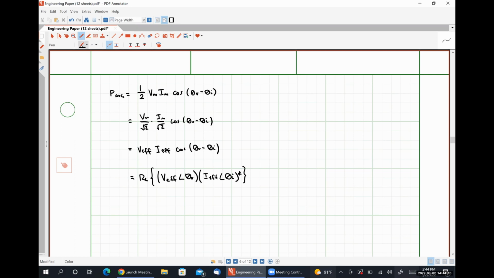This quantity here, the product of V effective angle theta v times I effective angle theta I conjugate, is what power engineers call the complex power absorbed by a network. And this is what we are going to spend the remainder of our class meeting talking about. It's complex power, okay?